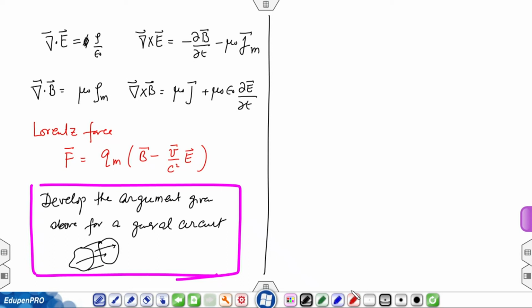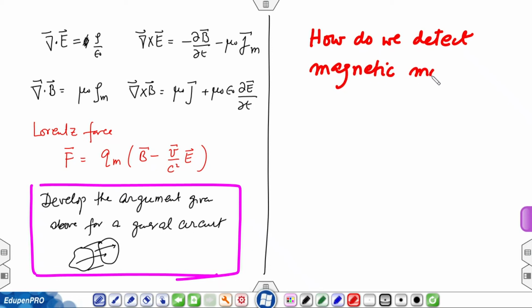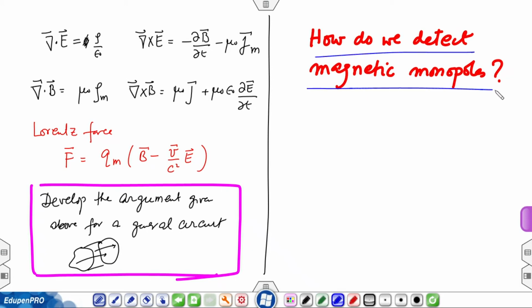Now, I raise two questions, and those are: how do we detect magnetic monopoles? So, what one would do is, you see, when magnetic monopoles move, there is this flux changing.